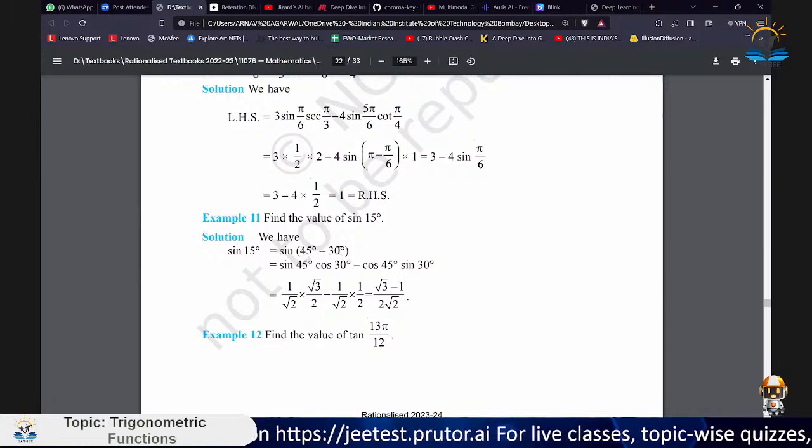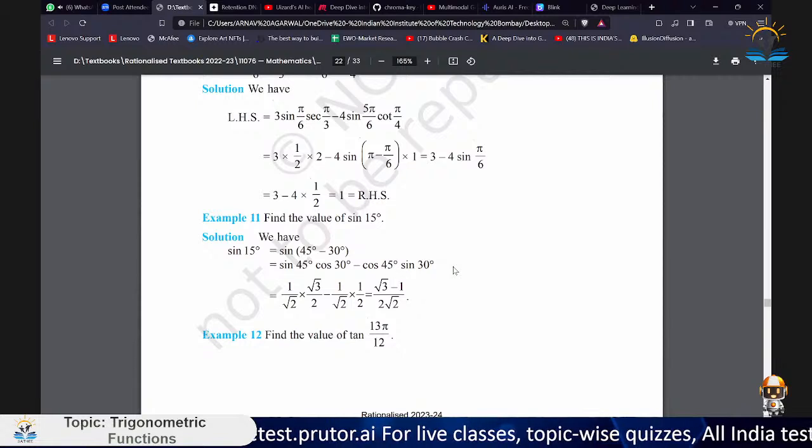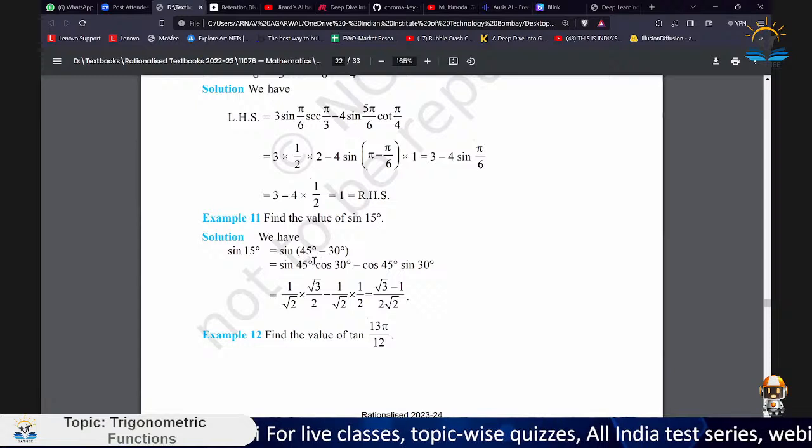Thing is, when we expand this into this, we know sine 45, we know sine 30. These are basic trigonometric angles, right? So we know the values of sine and cos of both these angles.